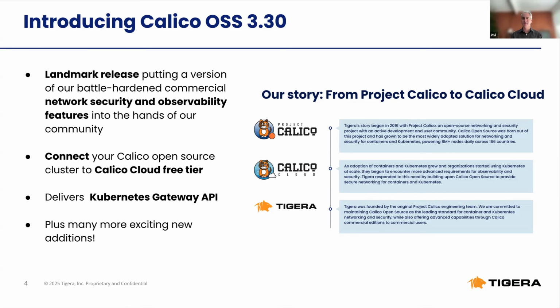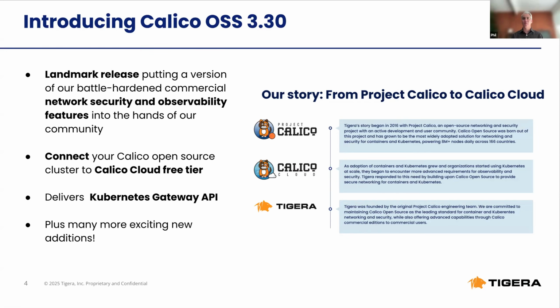But we've also heard some of the challenges that Jen just mentioned, and just the scale and complexity of Kubernetes deployments have increased. And we've learned a lot from our community, from our commercial customers, and we're excited to bring some of those learnings into new features and capabilities that are going to enable you to do some of the things that you need to be doing to understand what is actually being deployed within your Kubernetes cluster, how it's communicating, and then giving you the tools to help improve the security posture of everything there.